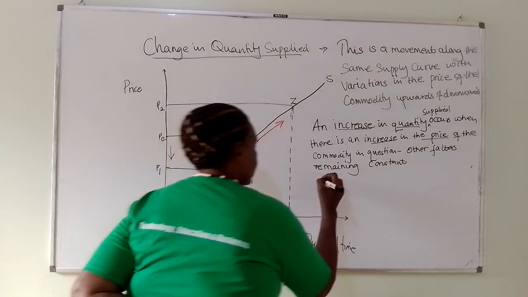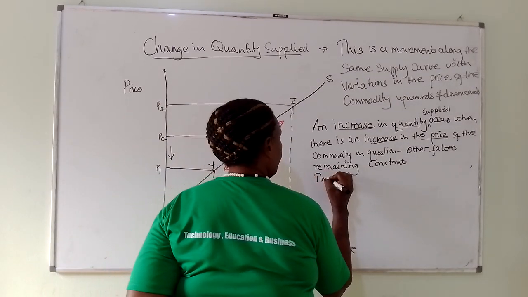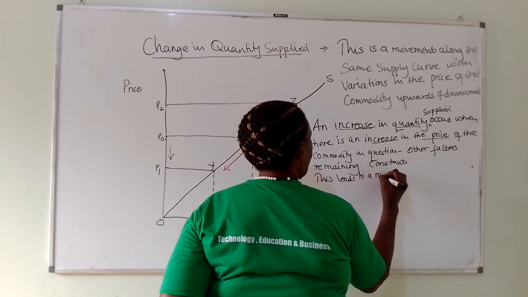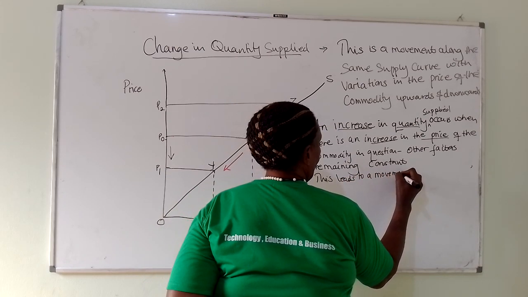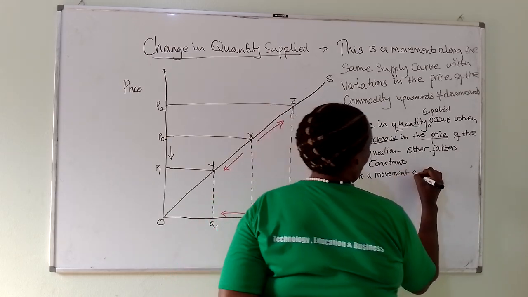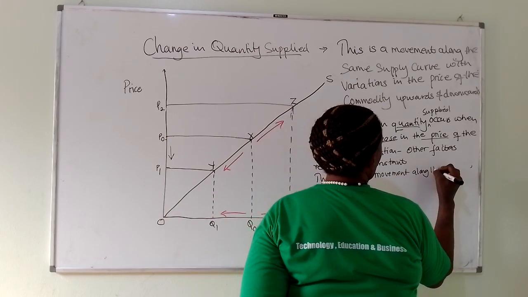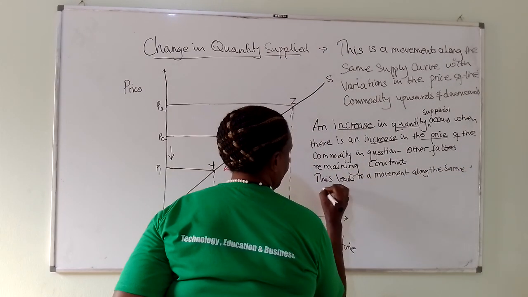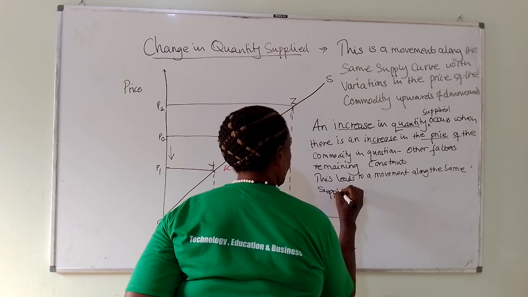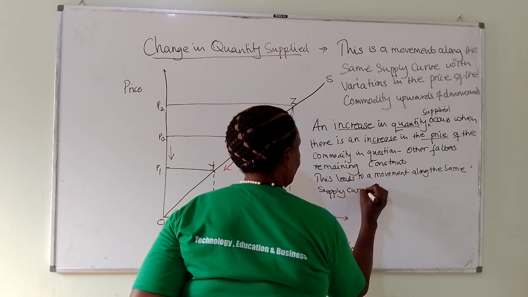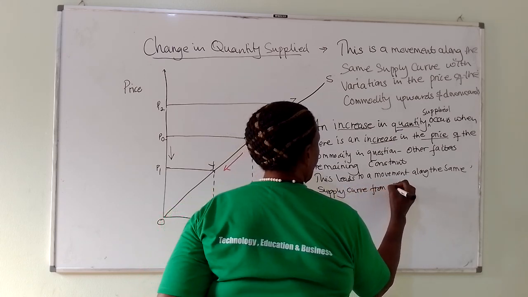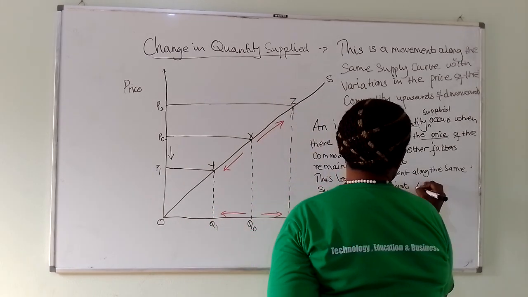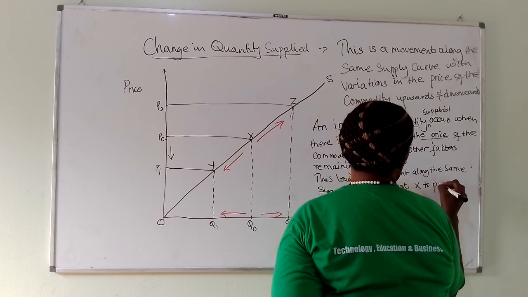So this leads to a movement along the same supply curve from point X to point Z.